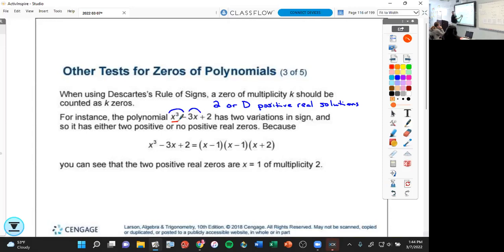So this guy's going to become positive. And this one's positive. How many sign changes? It started negative, changed to positive, stayed positive. How many times did it change? Once. This has 1 negative real solution.